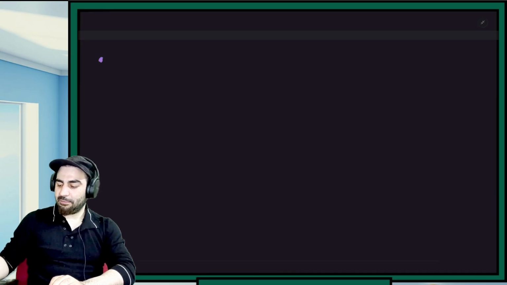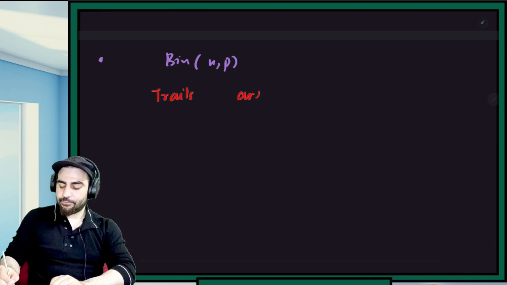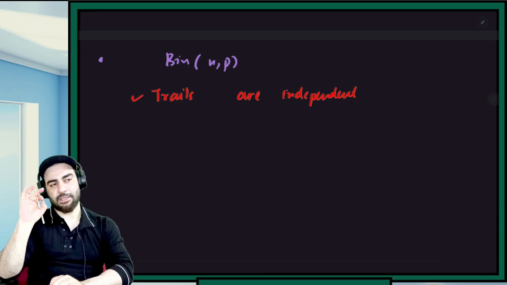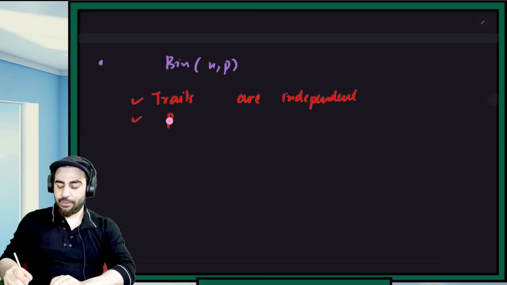Okay, so let me clarify first a few things. If it's a binomial with n and p, we are considering that each of the trials is independent. So the trials are independent. This is the first assumption. Whenever you see something which is following binomial, you clearly see that each of these is a Bernoulli trial and the trials are independent. And the second thing is p is constant.